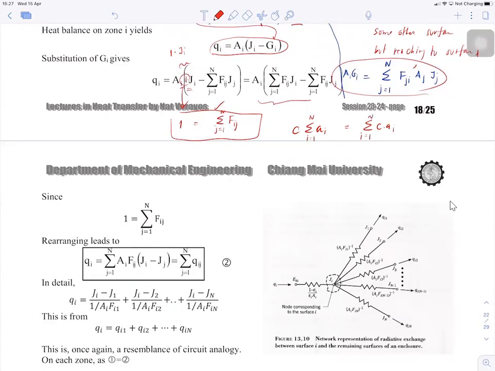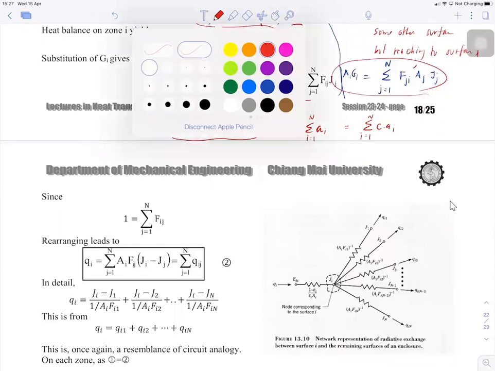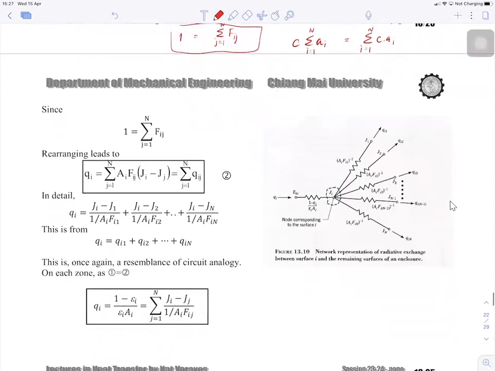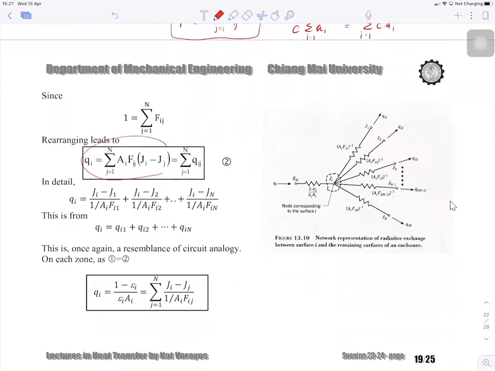So I put the AI inside this, inside that, okay? And my conclusion would be this, right?